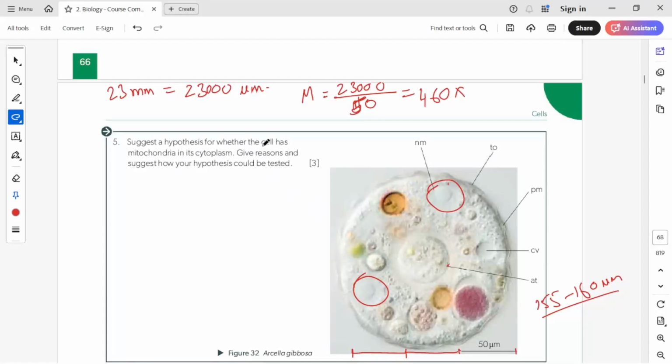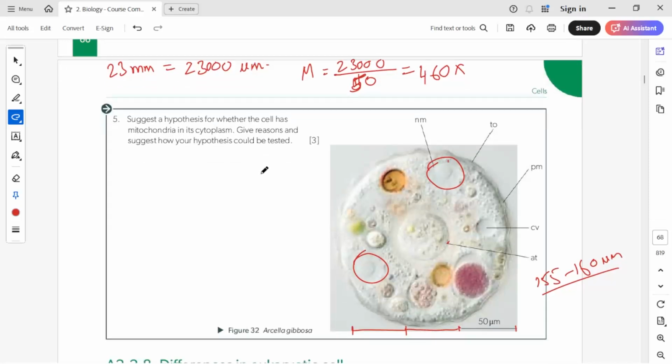Suggest the hypothesis whether the cell has mitochondria in its cytoplasm. Give reasons and suggest how your hypothesis can be tested. So basically mitochondria will definitely be present because this particular amoeba is a eukaryotic cell, and eukaryotic cells have most of the organelles present.